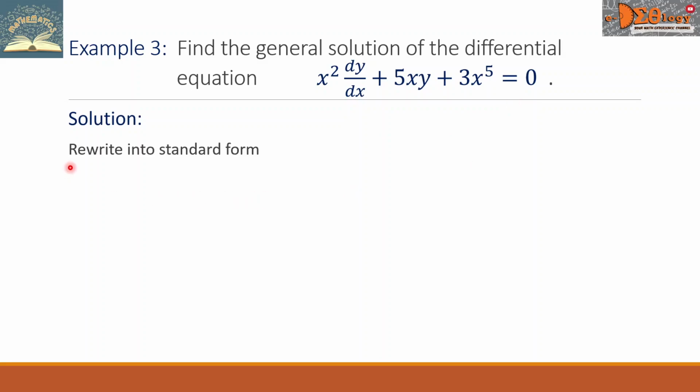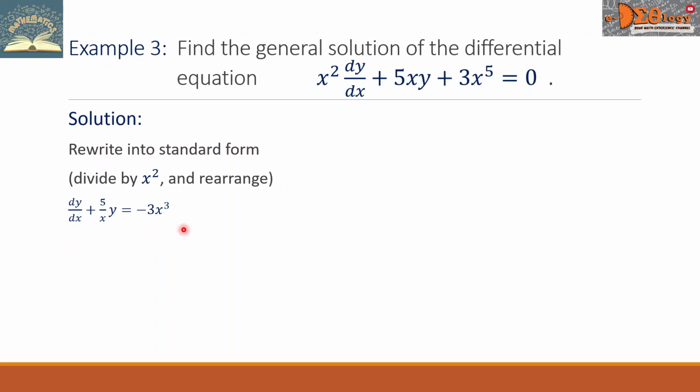So we're going to rewrite this into its standard form. In this case, we will divide this equation by x squared and rearrange the equation. The resulting equation now becomes dy over dx plus 5 over x times y equals negative 3x cubed.